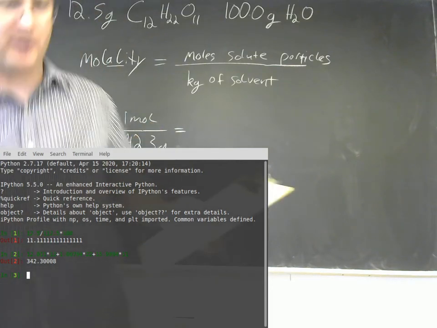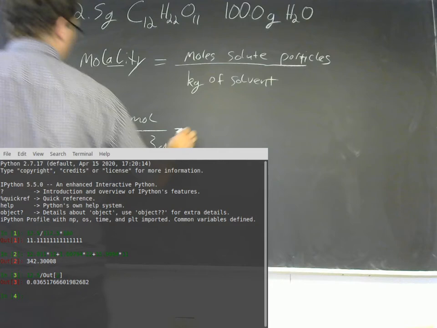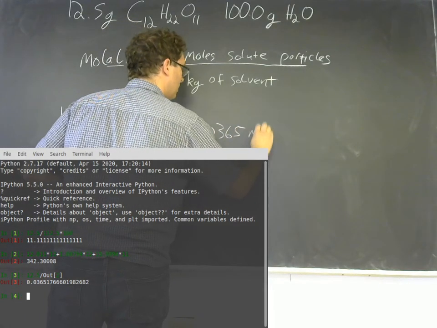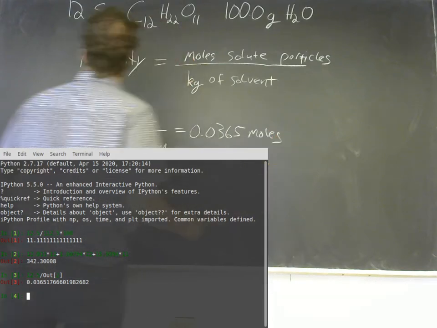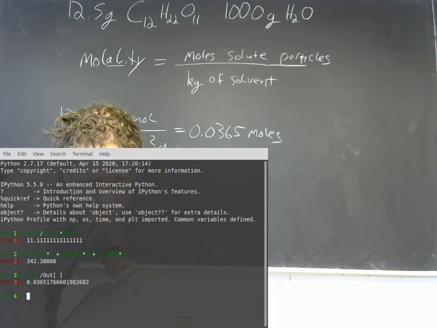So now we can take our 12.5 grams and divide that by the 342. And it looks like we have 36.5 millimoles, or 0.0365 moles.